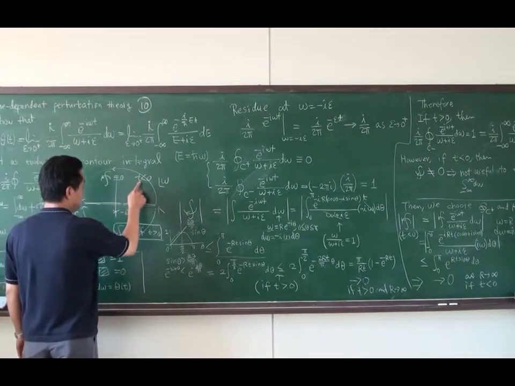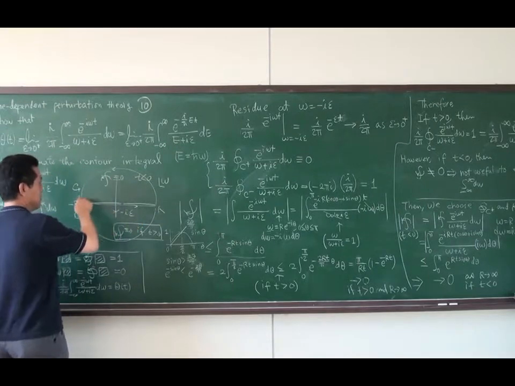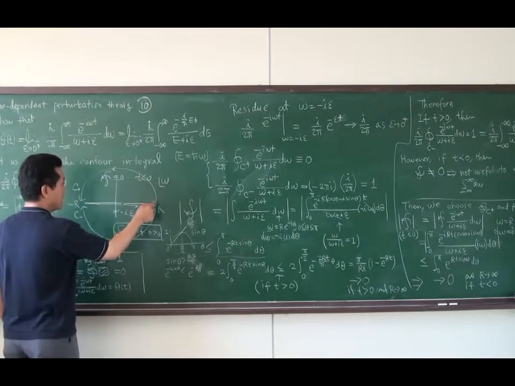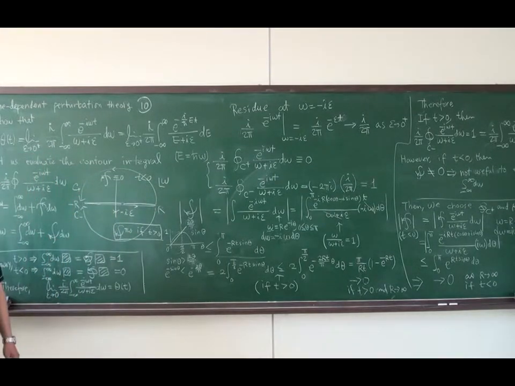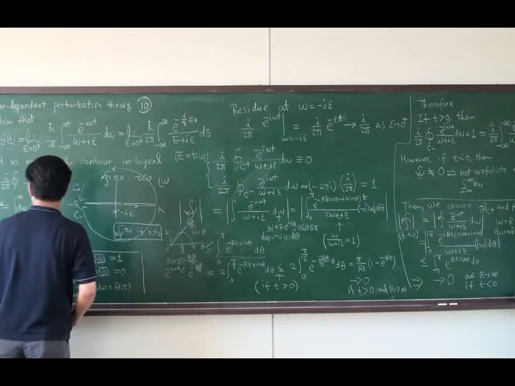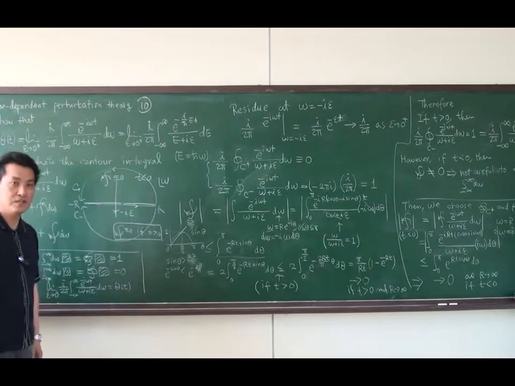And if t is negative, the integral on the semicircle on the upper half plane vanishes, so the integral from minus infinity to plus infinity becomes 0 for negative t.